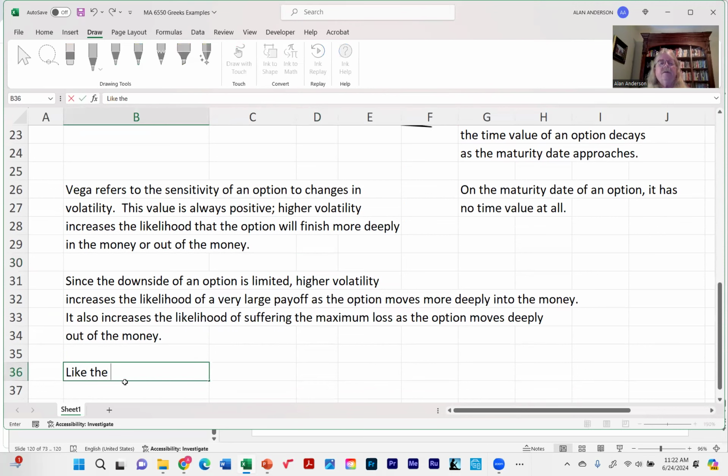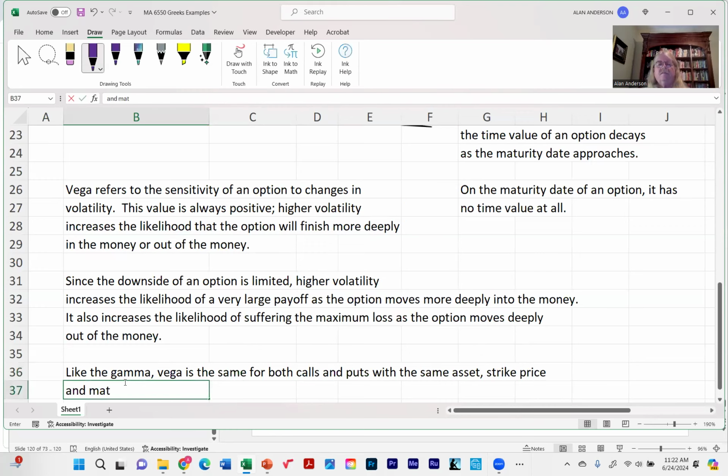Like the gamma, Vega is the same for both calls and puts, for the same asset, strike price, and maturity. It is also always positive.